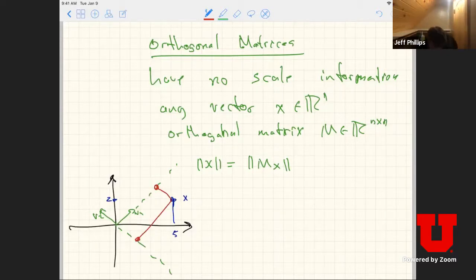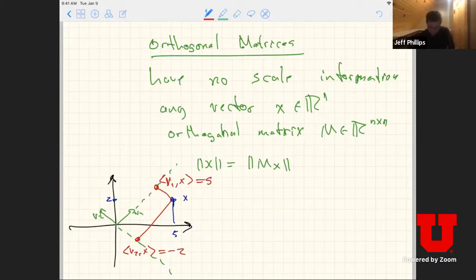So this is going to be v1 dot x. That's going to be that length in this coordinate system. And this is going to be v2 dot x, right? And so this is going to be about, let's say this is -2, and this one is going to be 5. It's not always going to be the same coordinates like this.